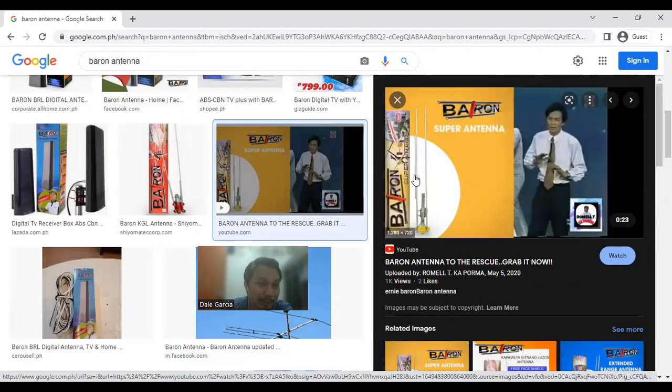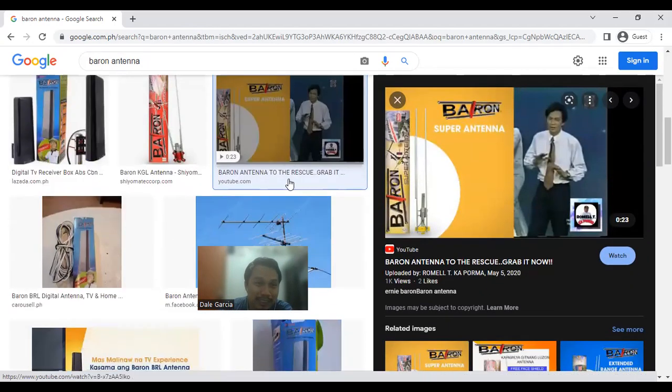But you know the Baron antenna or Baron super antenna that could pick up ABS signal before.